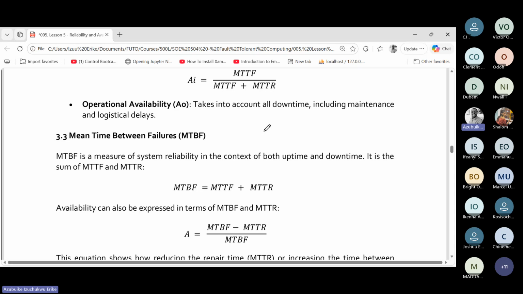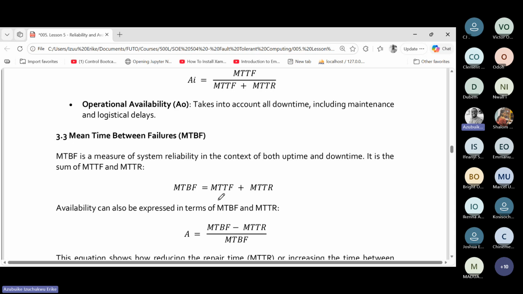If you have the understanding of this, you will quite know which system to choose per time. So the mean time between failure is actually the summation of the mean time to failure and the mean time to recover.